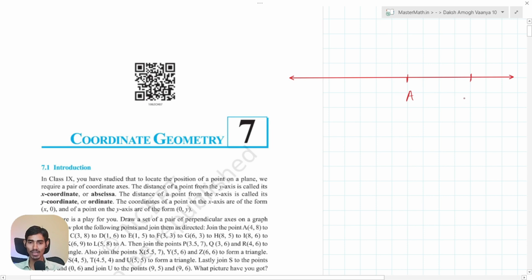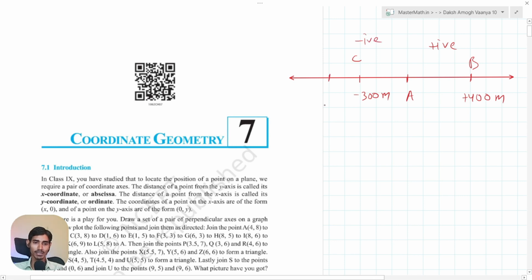His school is 400 meters, so I'm writing plus 400, and say some playground is minus 300. We know the distance from A to point B and A to point C, because if we travel on the right side of A, we take it as positive, and if we travel on the left hand side, we say it is negative.